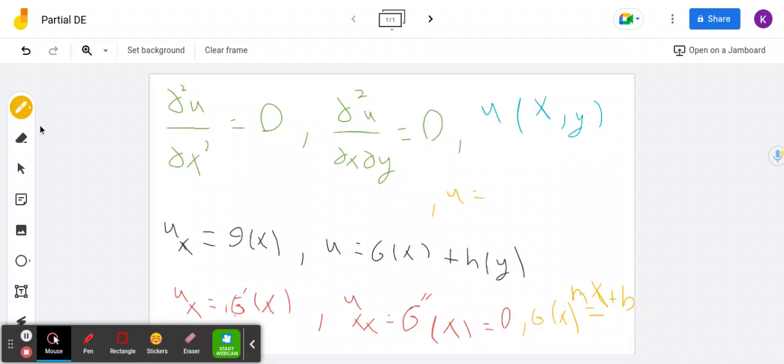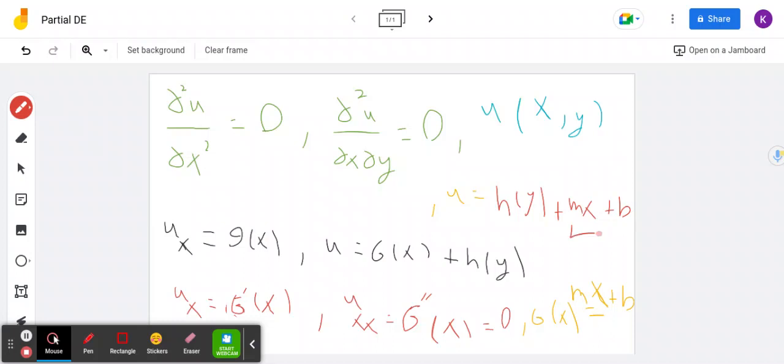So we have u equal to a function of y. We can call it anything. I'm going to call it h of y plus mx plus b. This is the most general solution.